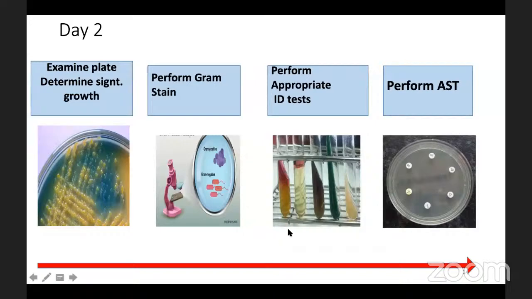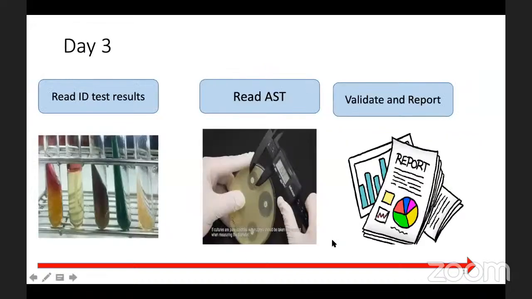All right. After doing your biochemical tests, you go ahead and do your AST. Now, you do this only when your growth is significant. You do your biochemical testing and your sensitivity only when your growth is significant. On the third day, you come and read out your biochemical tests to help you identify the bacteria.